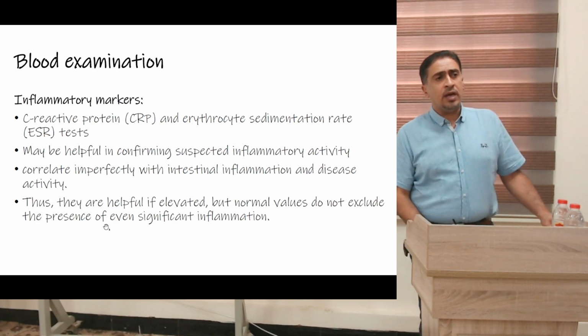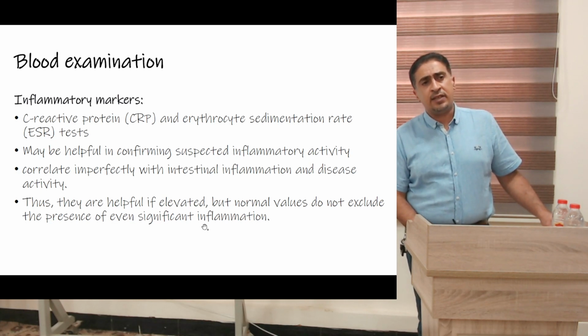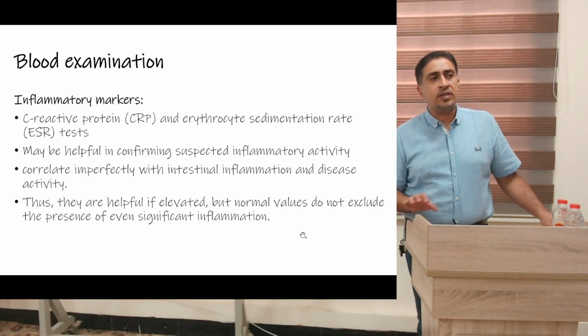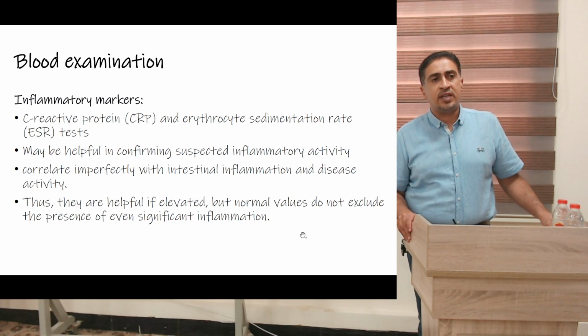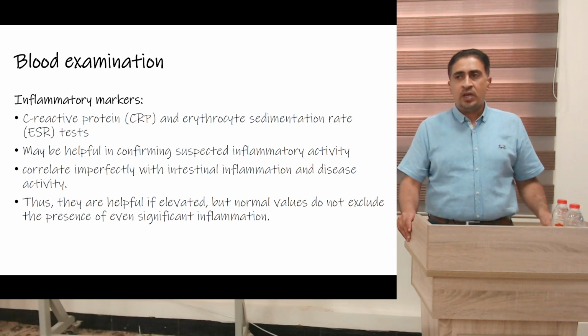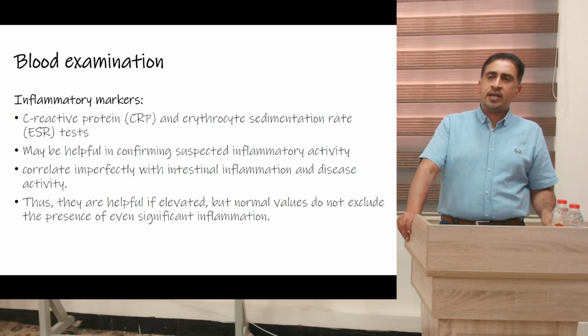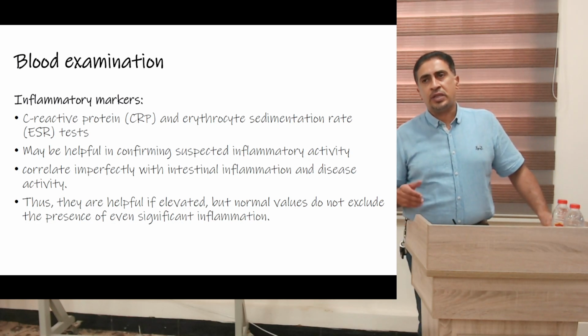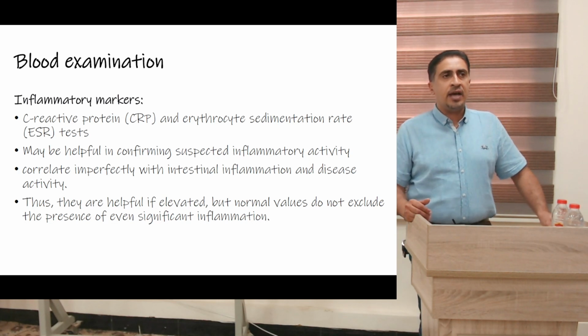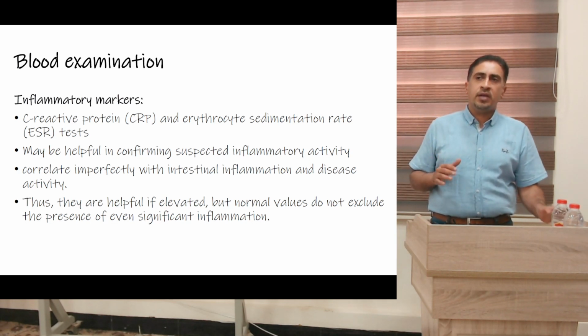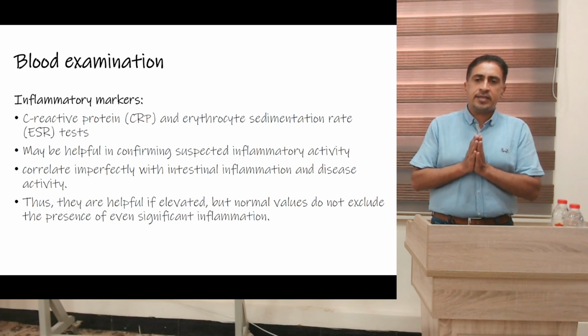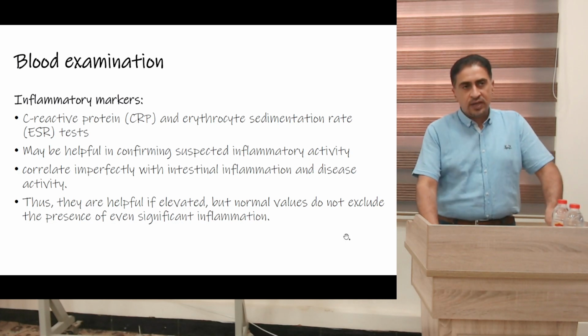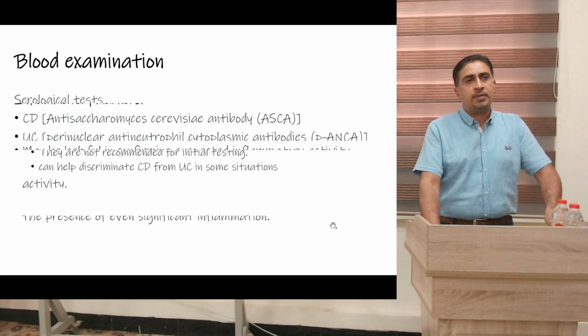They are helpful if elevated, but a normal value doesn't exclude the presence of even significant inflammation. So a normal CRP and ESR doesn't mean that the patient doesn't have inflammation, but when they have a higher CRP and ESR, it means the patient has active disease. And you need to consider that a normal ESR and CRP doesn't mean the patient has clinical or biochemical remission.